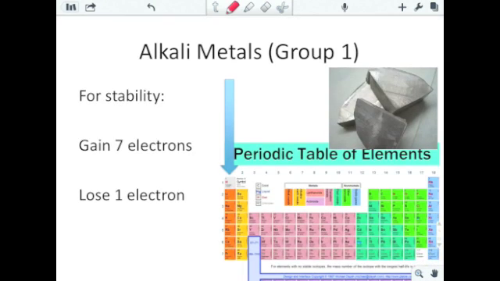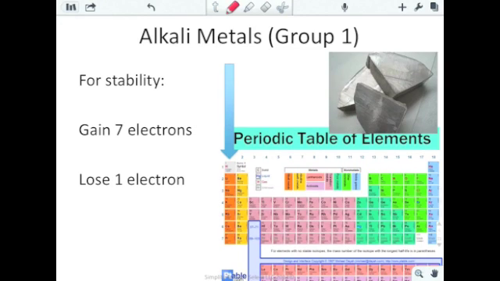Now, our alkali metals, that's our group 1. For stability, they can either gain 7 electrons or lose 1 electron. Obviously it's a lot easier to lose 1 electron. If you look at the noble gas notation for any of our alkali metals, you'll have a noble gas, whichever it is, and then you'll have s1.